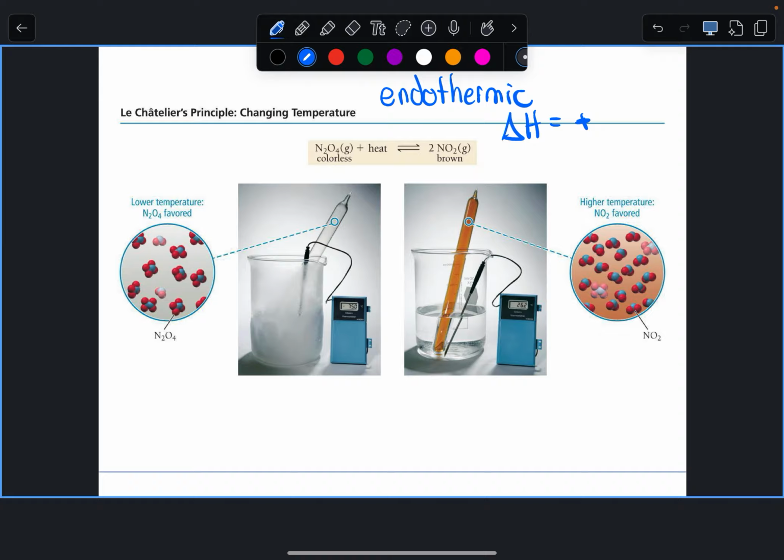So that's why they've rewritten this equation not just as N2O4, but N2O4 plus heat. They're adding it in on the reactant side. We'll look at another one in a second where it's exothermic, where it's on the product side. Okay?